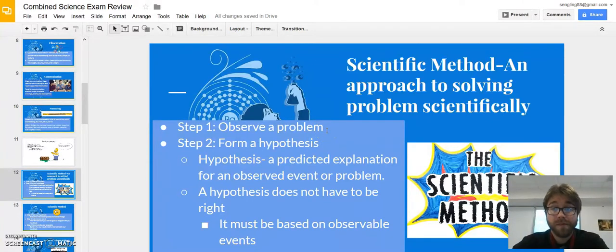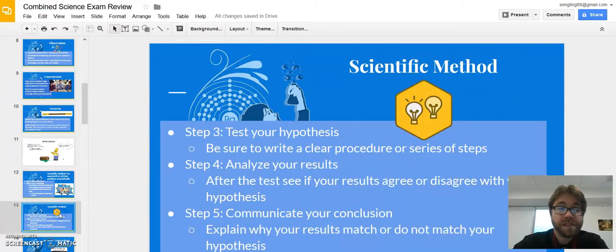If we're going to solve a problem, we have to start with a problem, or with a question. Both work. Step 2 is forming a hypothesis. So now that we have a problem or a question, we have to make a guess. And remember, it doesn't have to be correct, but the guess does have to be based on what's happening around us.